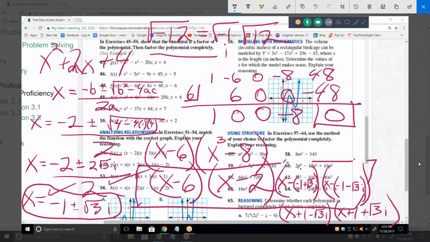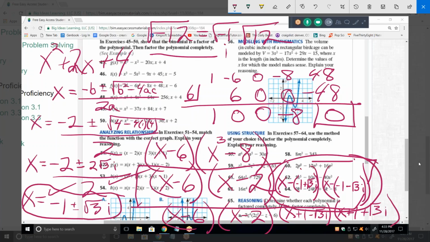At the very bottom, I'm out of room, so I can't even go any further, but if you multiplied all four of these factors together, you'd get your original quartic. And like I said, I don't know that they necessarily want you to break it down to that.